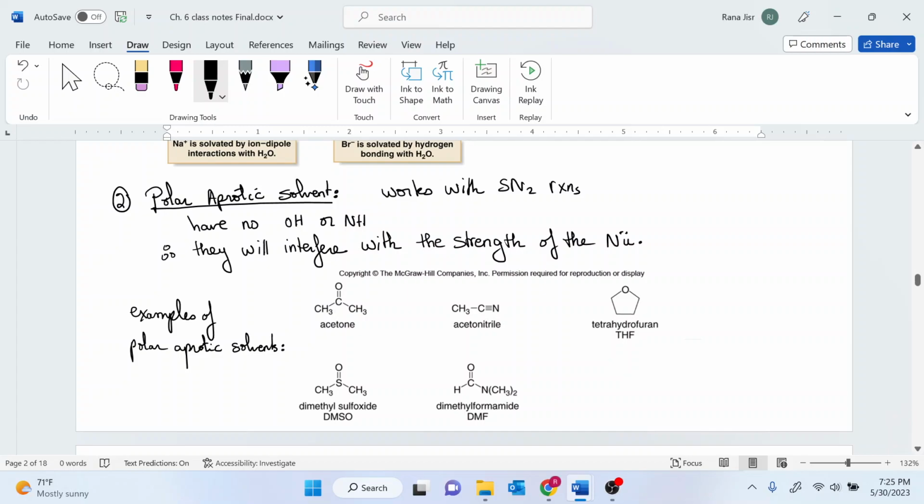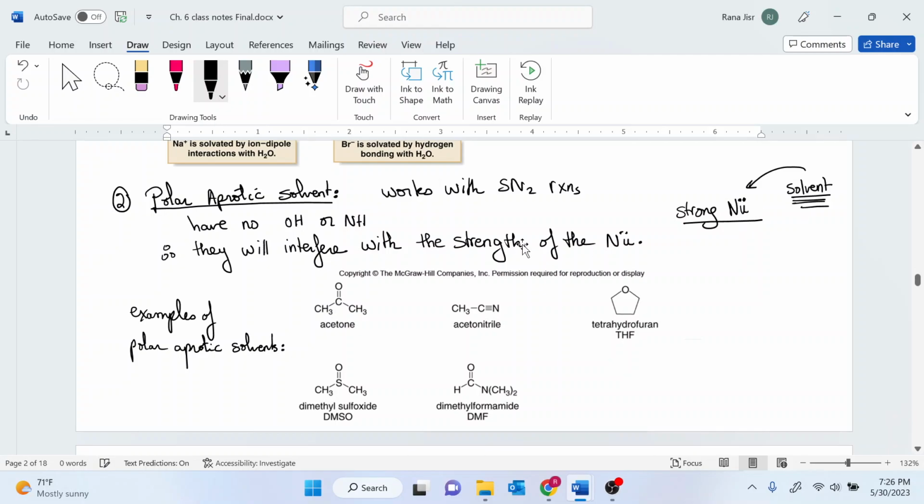So here you are using a strong nucleophile. When you add a solvent to the nucleophile, you want the solvent to keep the strength of the nucleophile in the SN2 reaction. So you don't want the solvent to solvate the nucleophile. This is why you want to use a solvent that has no interaction with the nucleophile.